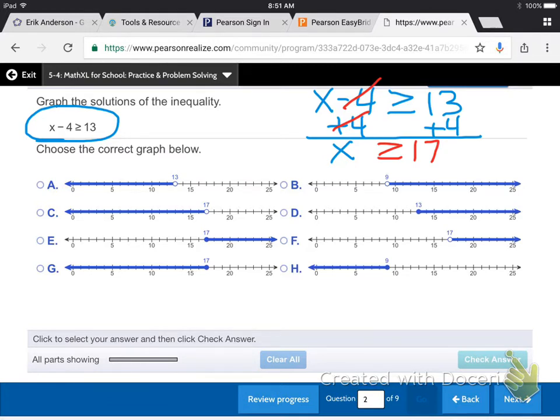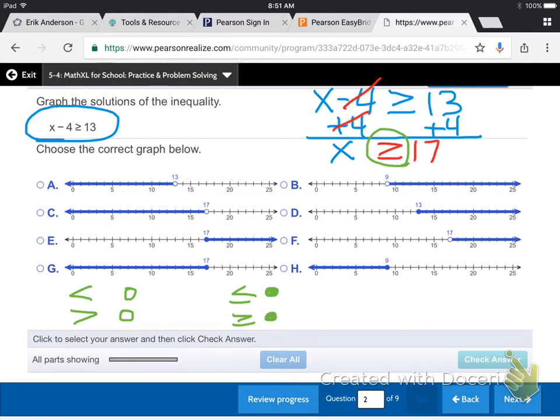Now, when the inequality says or equal to, this one right here, this says greater than or equal to, that's when the dot that I drew on the last problem gets filled in. So basically this symbol means an open circle on the graph, and so does this symbol. But this symbol means a filled in circle, and this symbol also means a filled in circle.